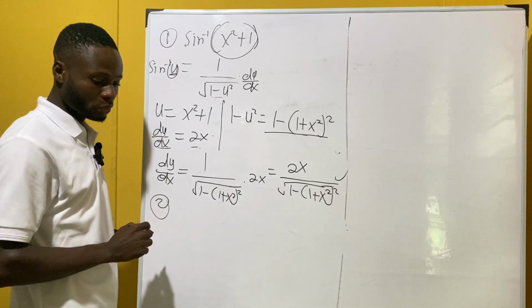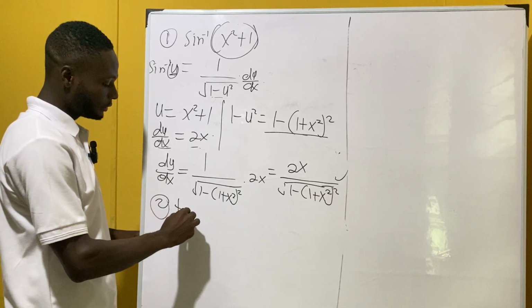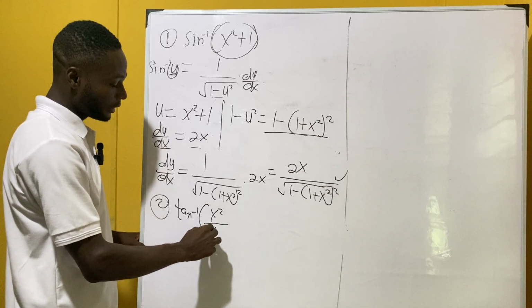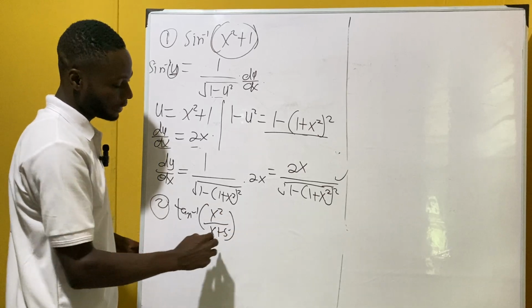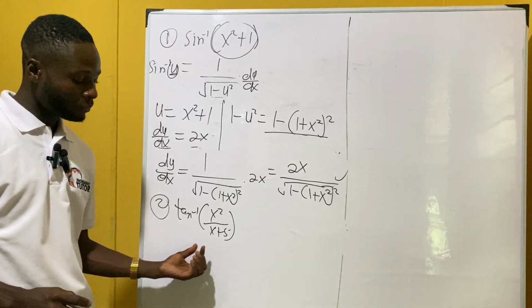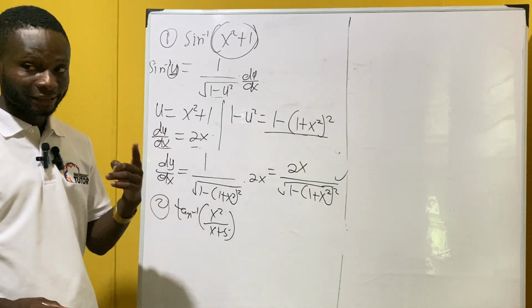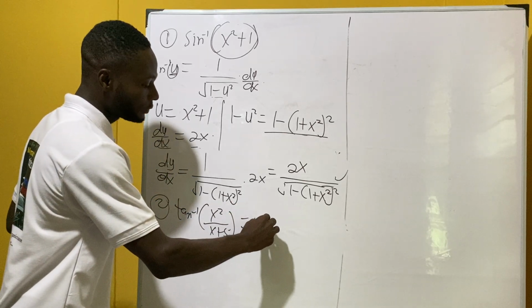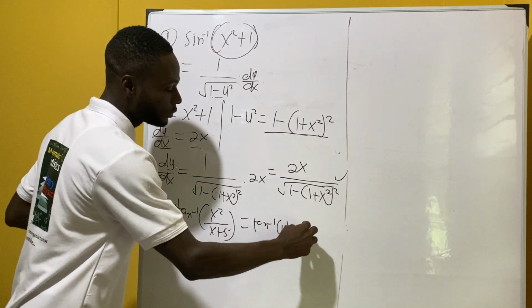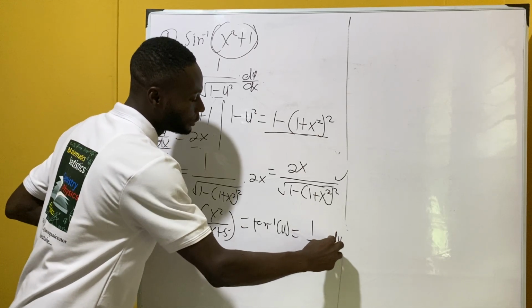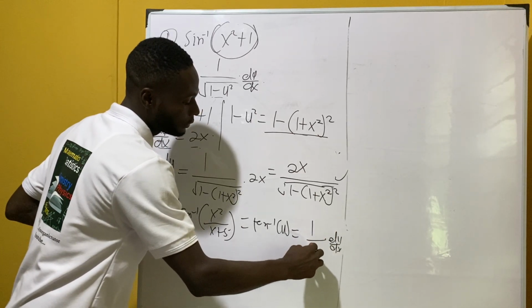So question 2, tan inverse of x squared over x plus 5, right? So right here, what we have to do is to identify our u, and then we know the formula for the tan inverse. So the derivative of tan inverse of u is equal to 1 over 1 plus u squared times du dx, right?